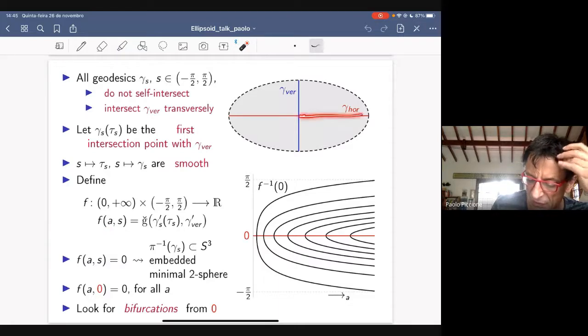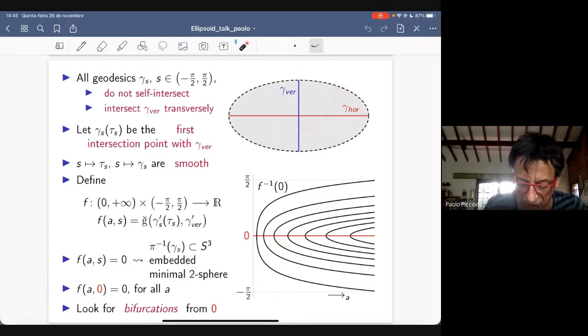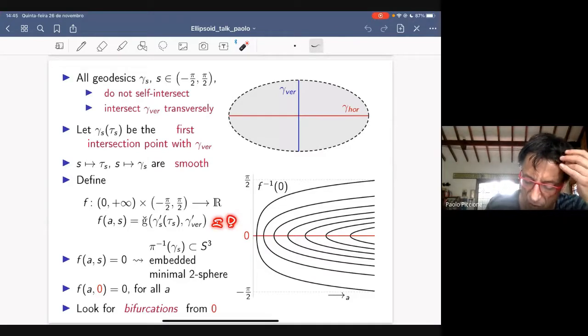A is the length of the axis, and S gives the point on the boundary. So we take the geodesic gamma S, we compute it at the instant tau of S. We take the inner product of the tangent vector here with the vertical vector, okay? And then it's clear that we have an orthogonal geodesic if this function is equal to 0, right? So this function equals 0 means that this geodesic arrives orthogonally.